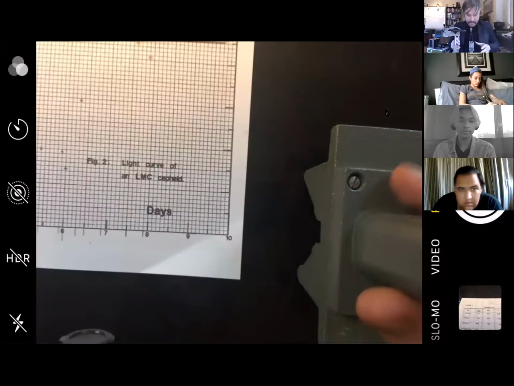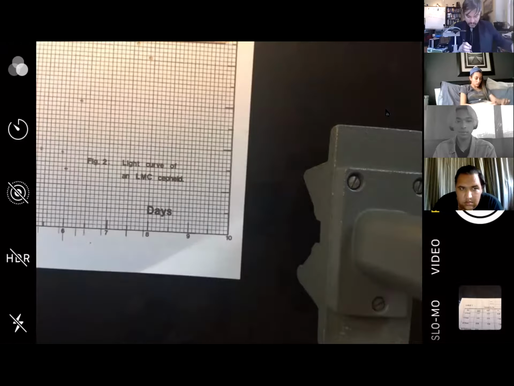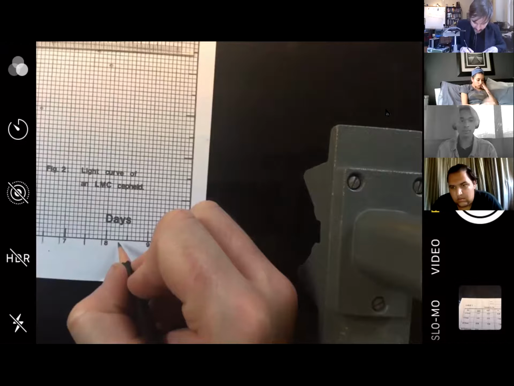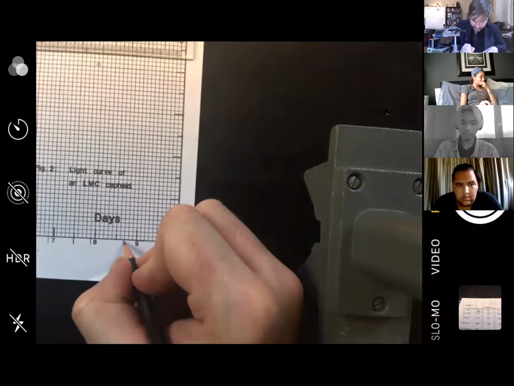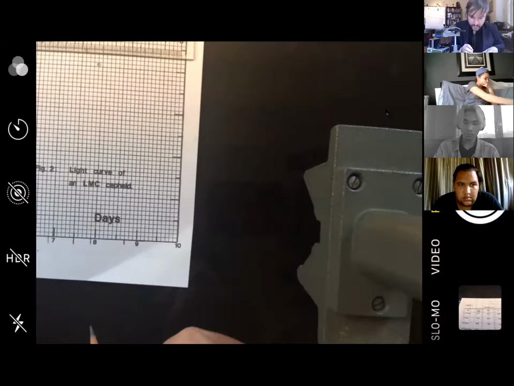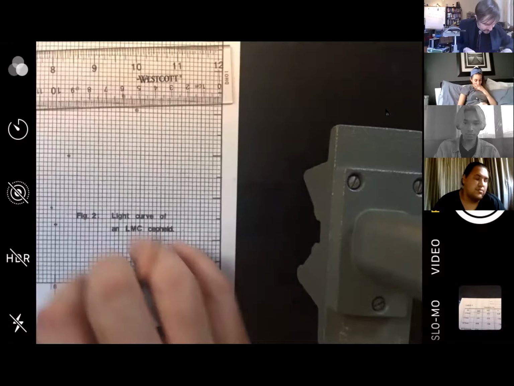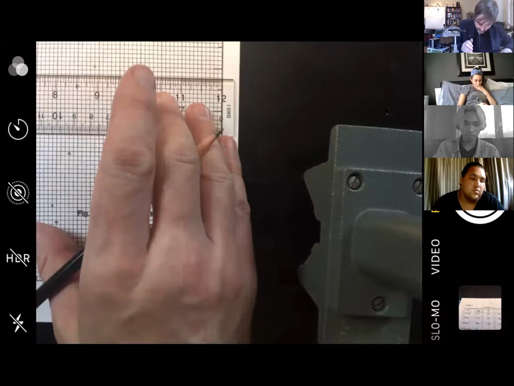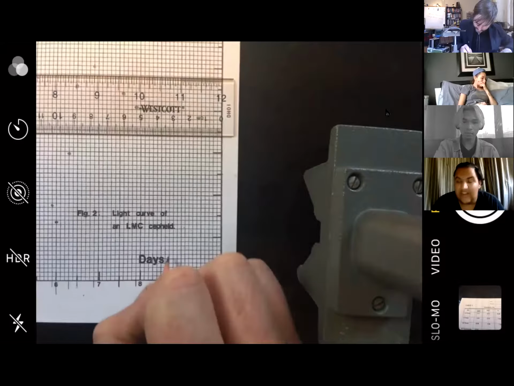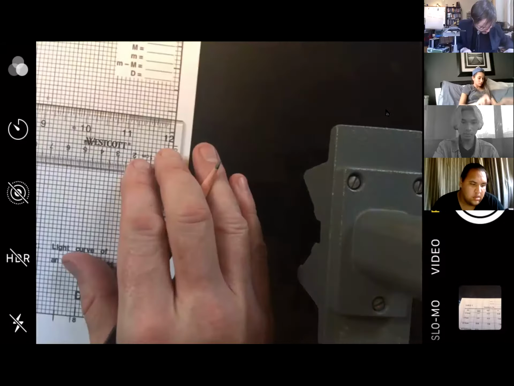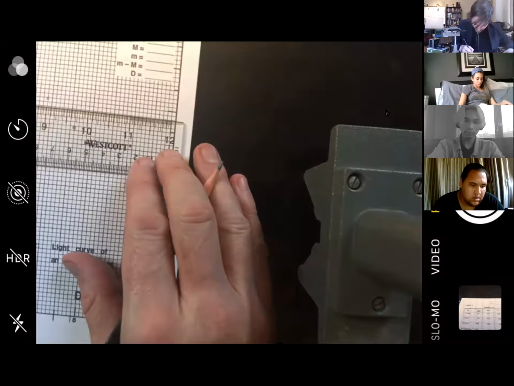8.65. That's 8.7 pretty much. That's 8.7. And then 15.53. 15.52 is this line. It's kind of hard with, 15.52 is that line.